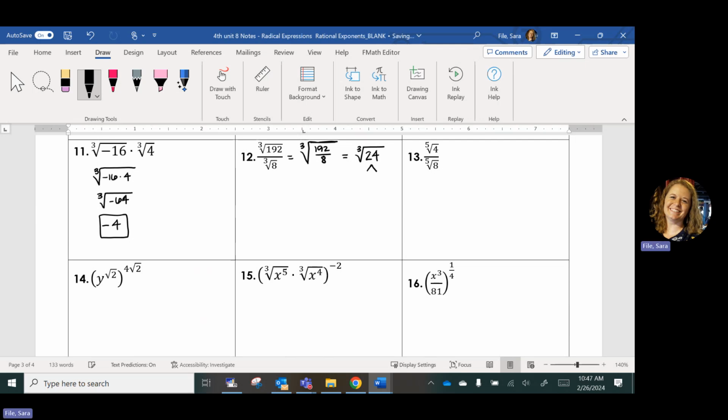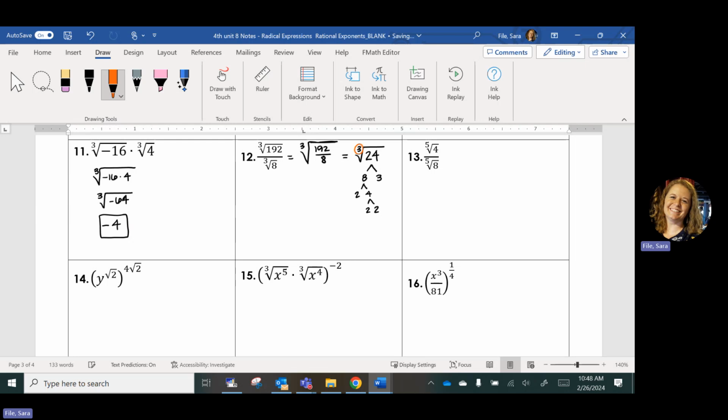So what are some factors of 24? 3 is prime. What are factors of 8? And then 2 is prime, but the 4 can keep going to 2 and 2. Remember, we talked about this on Friday when we reviewed reducing radicals. Whatever that index is, 3 in this case, we're looking for that many of a number. So now we're looking for 3 of a kind.